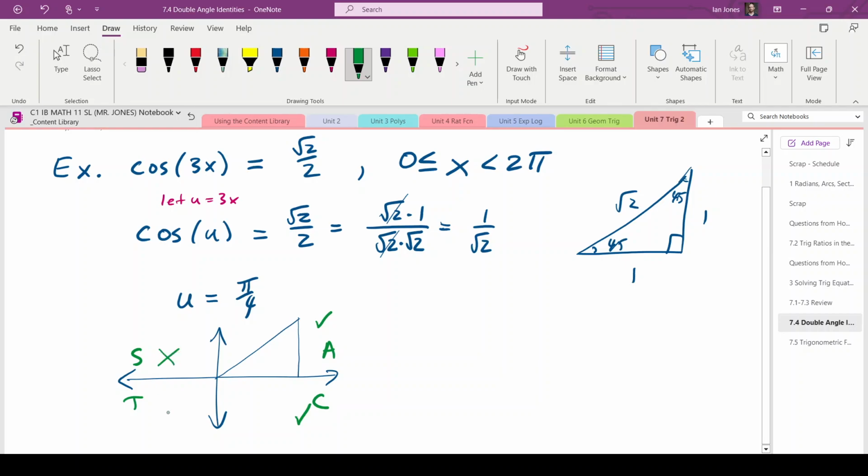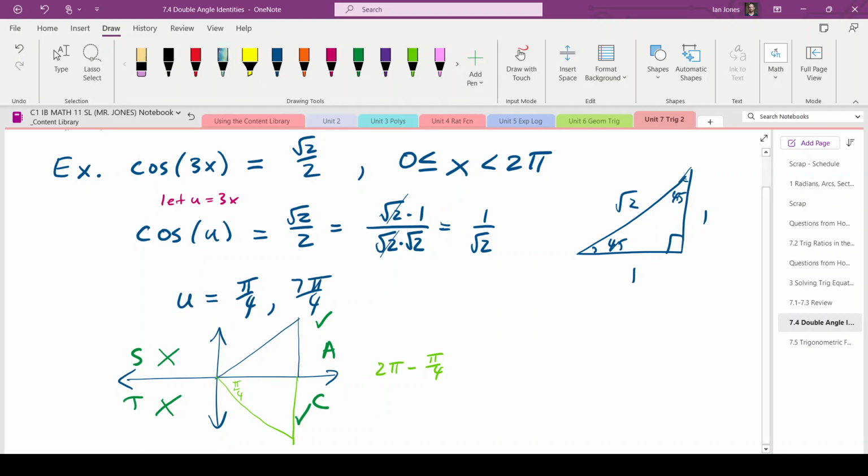So we can ignore those two quadrants, but we're also going to get a solution in quadrant 4, where we get 2 pi minus pi over 4, which is 8 pi over 4 minus 1 pi over 4, 7 pi over 4.